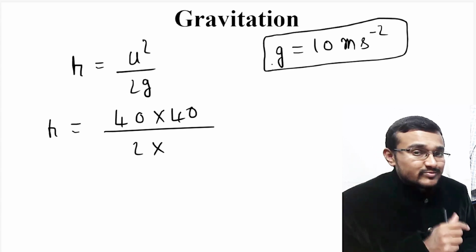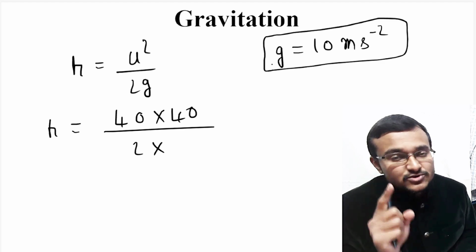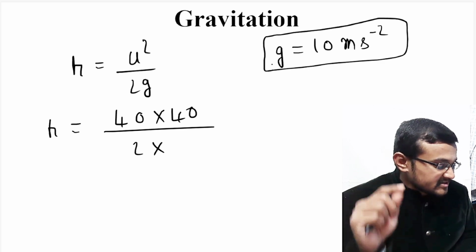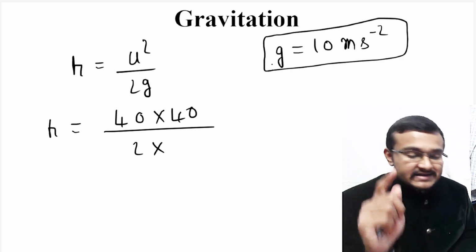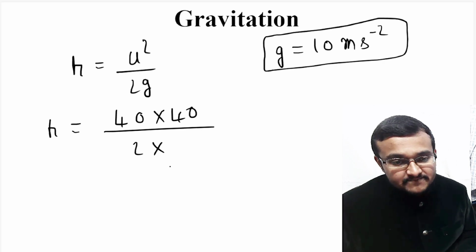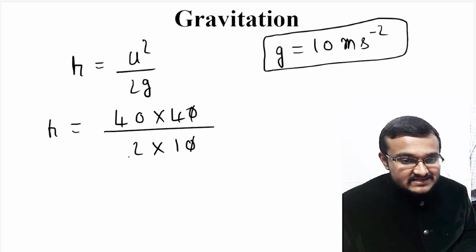Only when they are not mentioning any value for acceleration due to gravity in the question, then you have to take 9.8. You should not take 10. But in this question, they have specifically mentioned to take 10 meter per second square, so we can directly take 10. So 2 into 10 will be there in the denominator. Here the 0s get cancelled with each other.